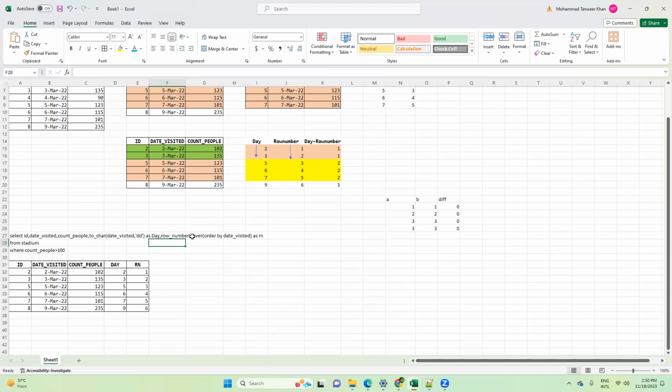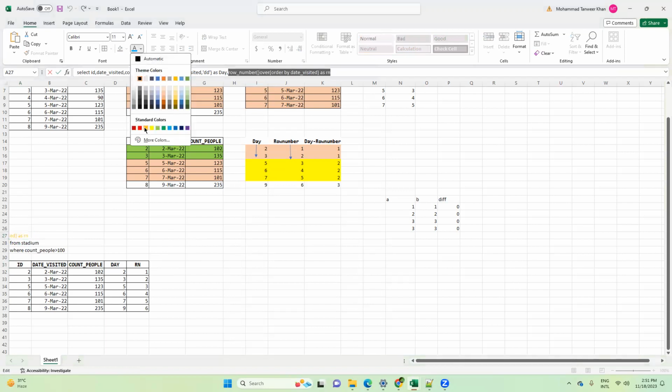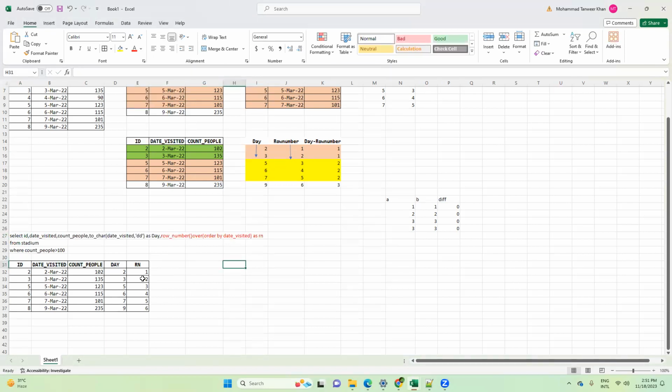This row number is a window function here, right? Correct. Now here, this window function is giving the values 1, 2, 3, 4, 5, 6. Why is this continuous? Because first of all, the engine has applied the filter condition where count of people is greater than 100.